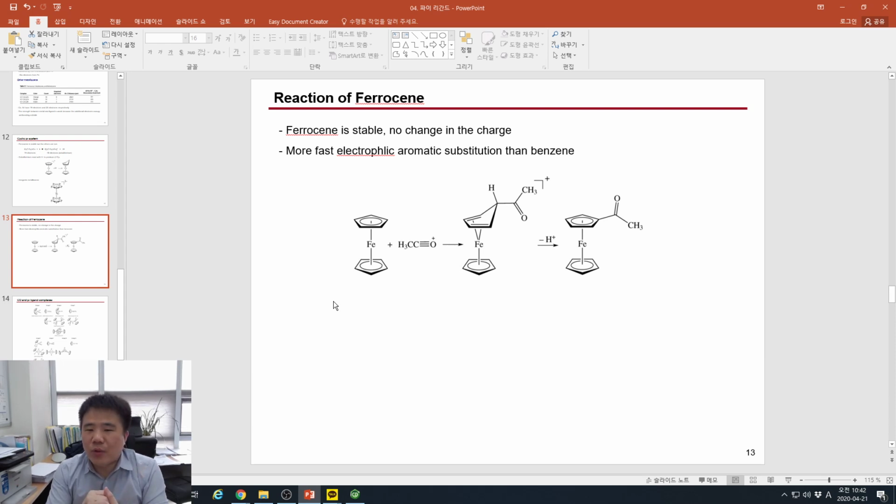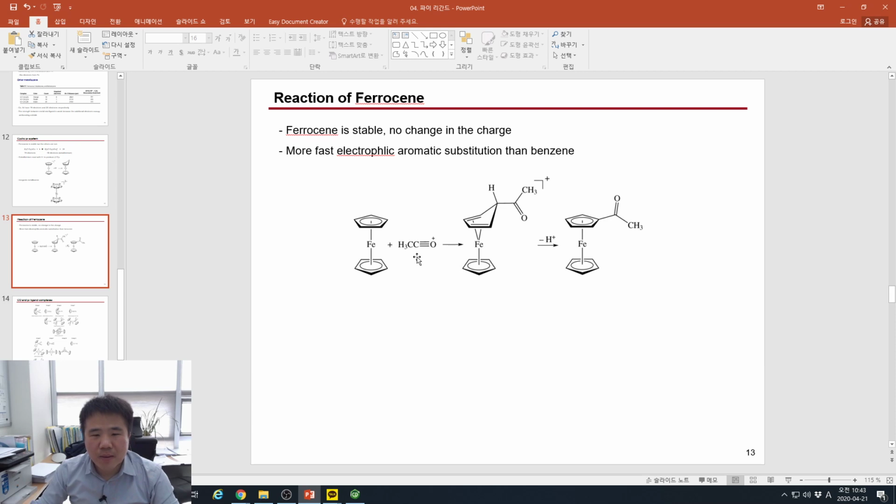Okay, I want to talk about the reaction of ferrocene, so you need to remember this type of reaction. Ferrocene is stable, as I told you. The interaction between the transition metal and CP is stable, but on CP we can still make some reactions.